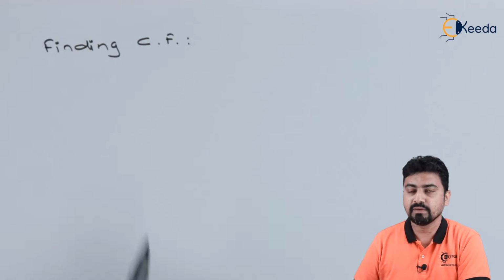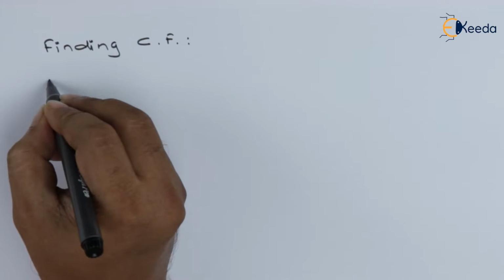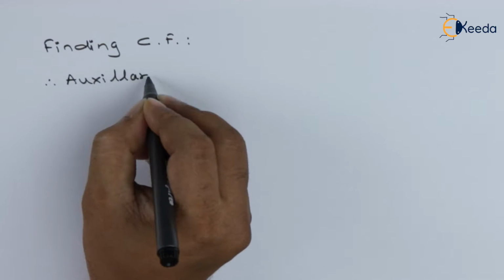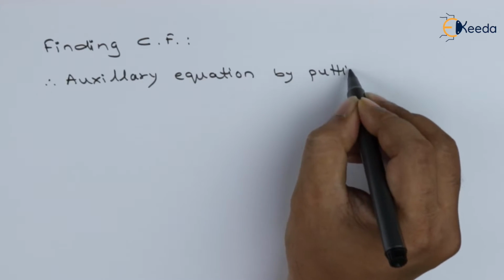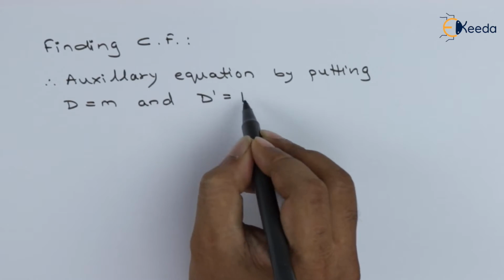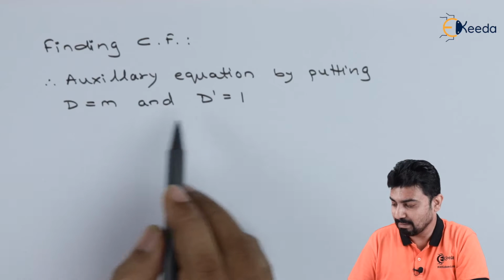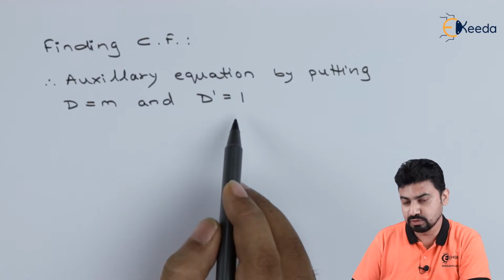To find the CF, that is the complementary function, first we find the auxiliary equation. We substitute D is equal to m and D dash is equal to 1 in the function of D D dash and equate it to 0.